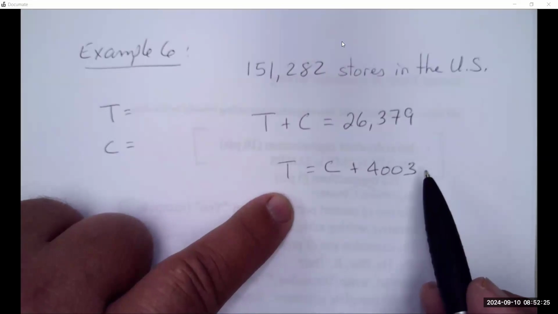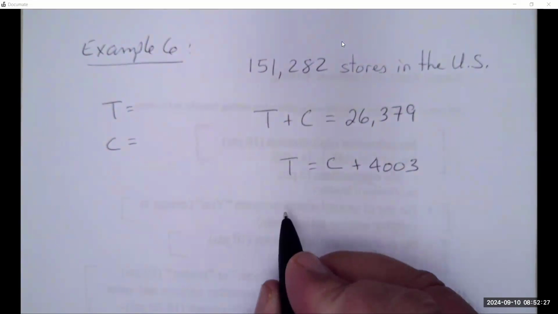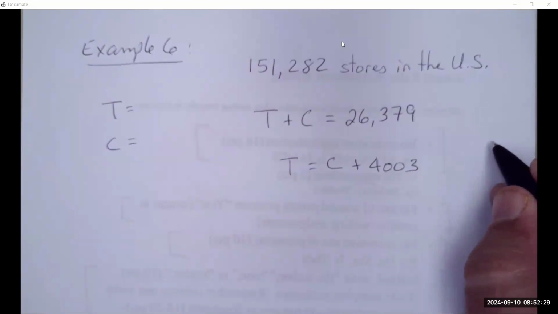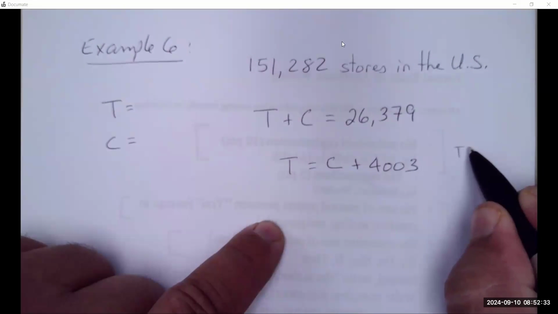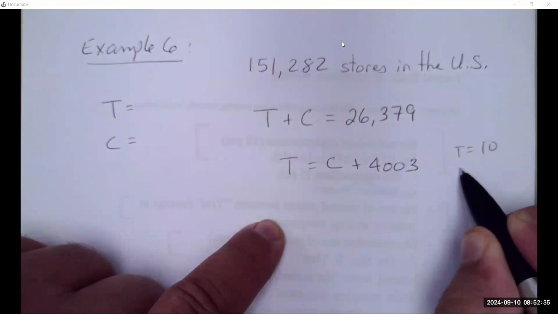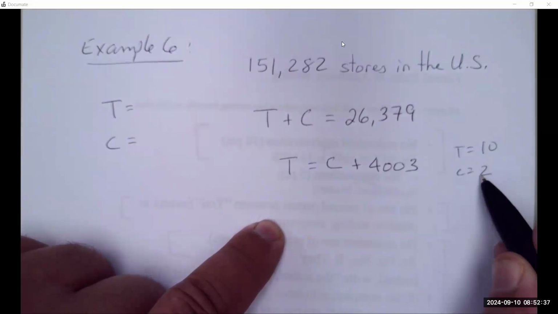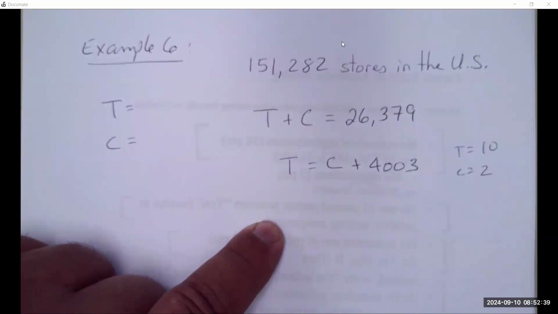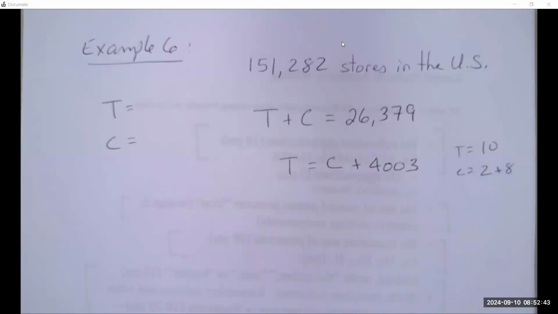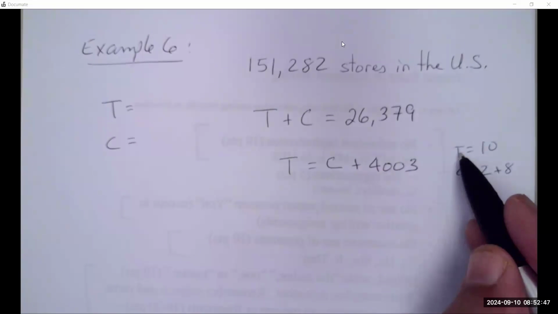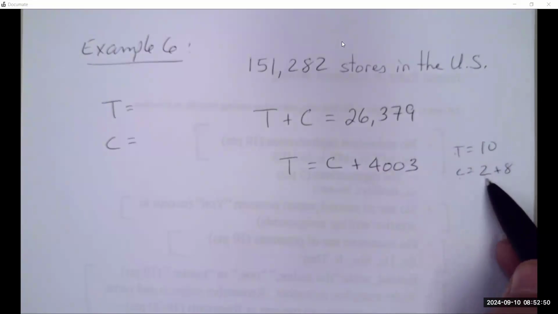To make them equal, let's say Texas was 10 and California was 2. How many more do we have to add to California to make them equal? Since California is lower than Texas, we have to add the extras there.